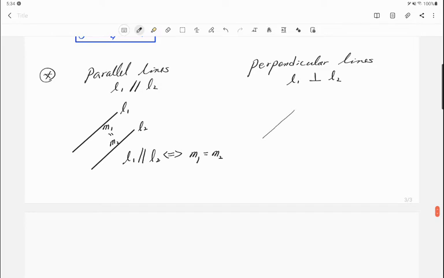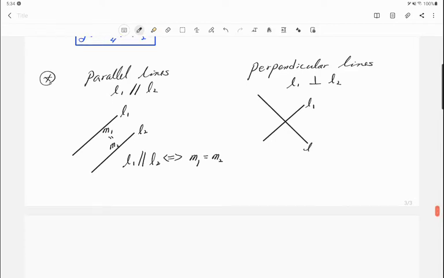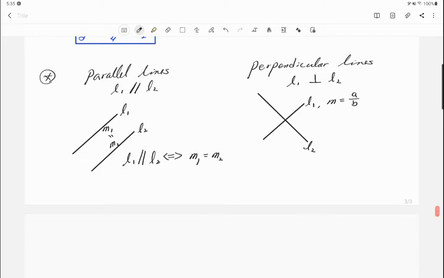Okay, how about the perpendicular lines? So look at this. I have one line here, line 1, and perpendicular means this is 90 degrees. So line 2. Let's say the slope of the first line is a over b. The first line is going up, in this case positive, right? Then the perpendicular line is 90 degrees.